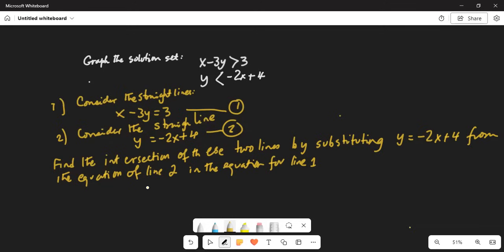So line 1 equation is x minus 3y equal to 3. This is your line 1. Here for y, I will substitute x minus 3 times minus 2x plus 4 from line 2 equal to 3.